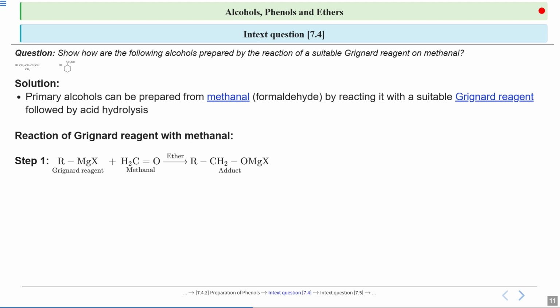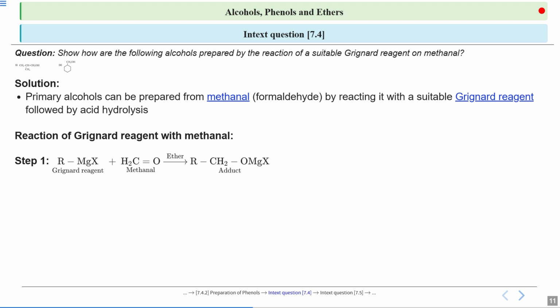and because the R and MgX bond is actually a kind of polar, there is a deviation of charge, you can say delta negative and delta positive is present over R and MgX respectively. And what will happen, this alkyl group from the Grignard reagent will attach with the methanol, that is the aldehyde, and you will get an adduct RCH2OMgX.